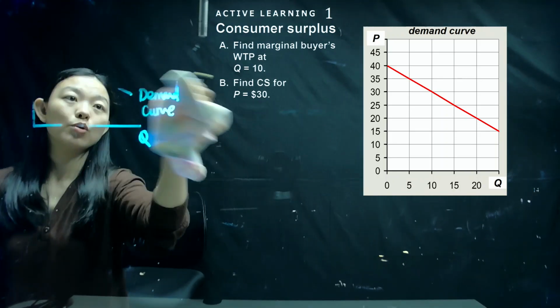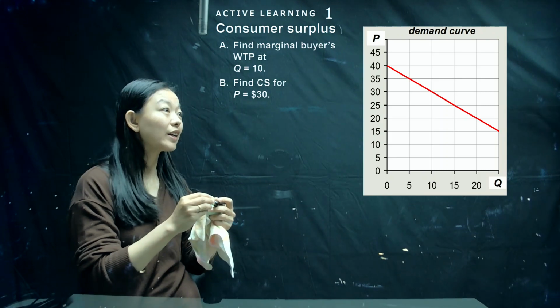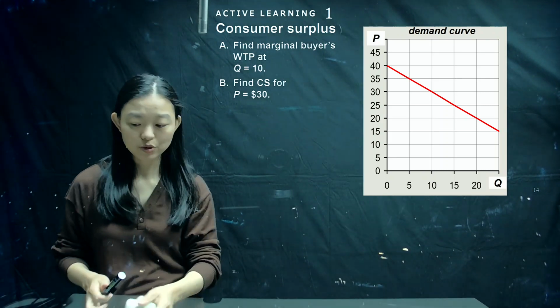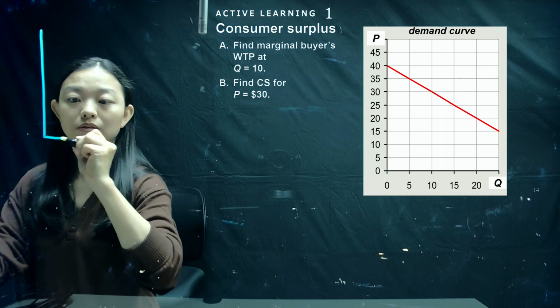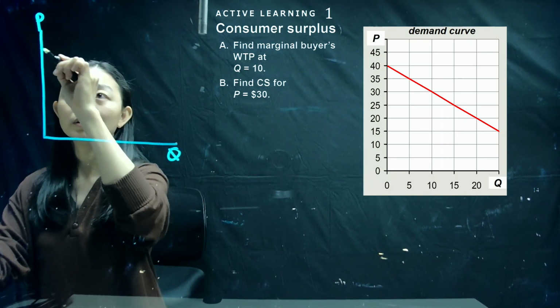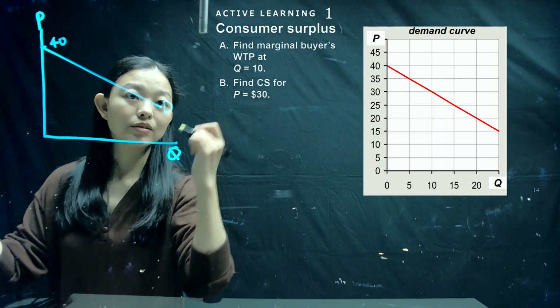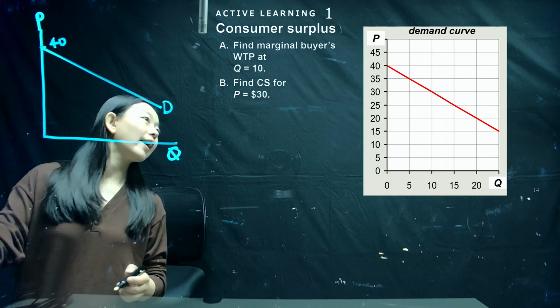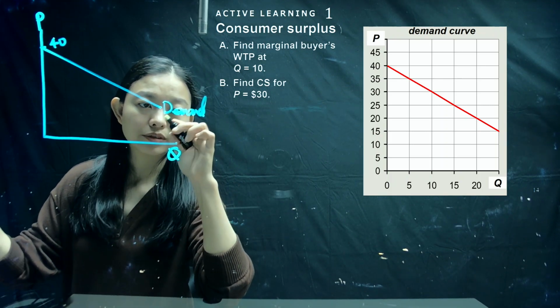Now let's look at the second question. Please find the consumer surplus when the price equals $30. So similar, okay? Price, quantity. This is 40, and this is the demand curve. I just put a D here, and I put demand, I think it's better. Demand curve.